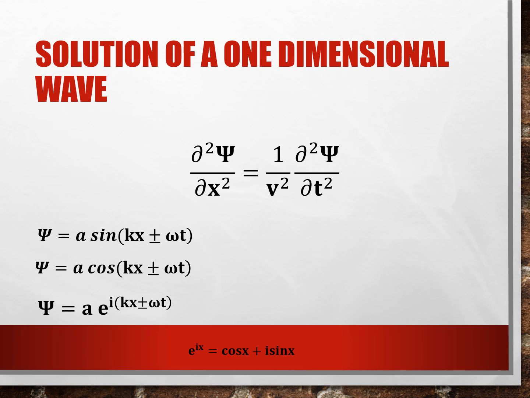Since e raised to ix has both sine and cosine function, we can represent the plane wave solution of a one-dimensional wave as psi is equal to A into e raised to i(kx plus or minus omega t). Please remember this solution because we will be using it in quantum mechanics module 3.